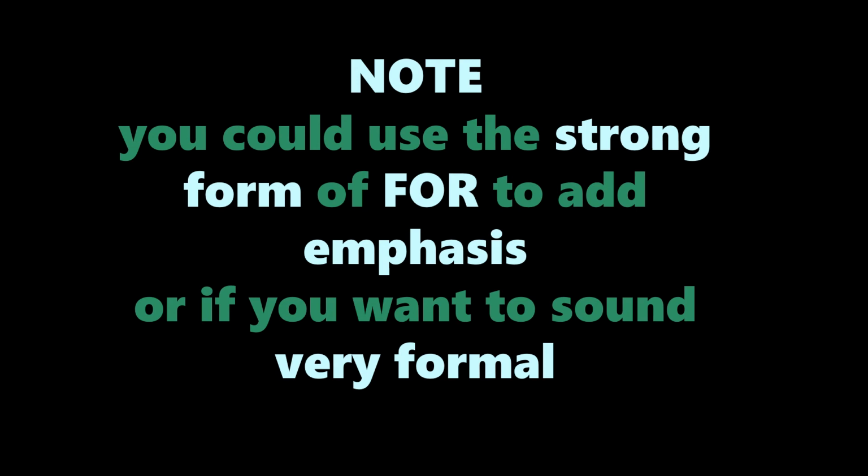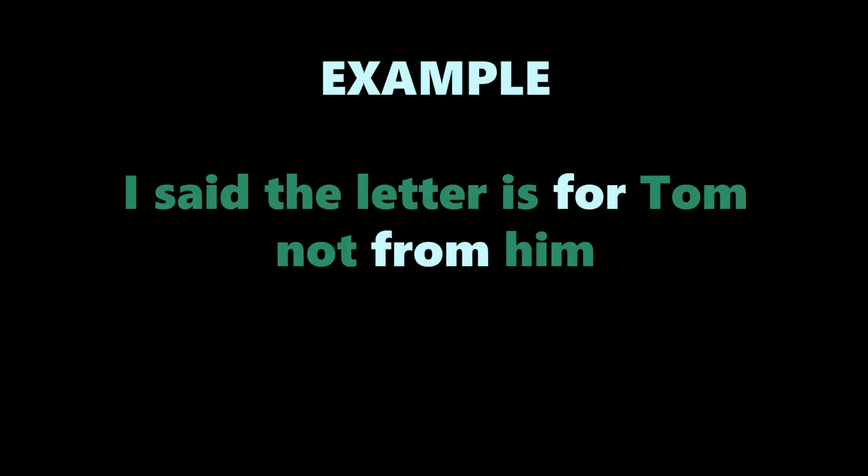So let's have a look at an example. I said the letter is for Tom, not from him. So if I just said to you, oh, the letter's for Tom, with the weak form, for Tom, it's just part of the grammar of the sentence. There's nothing special about that word. But here there's a potential miscommunication.